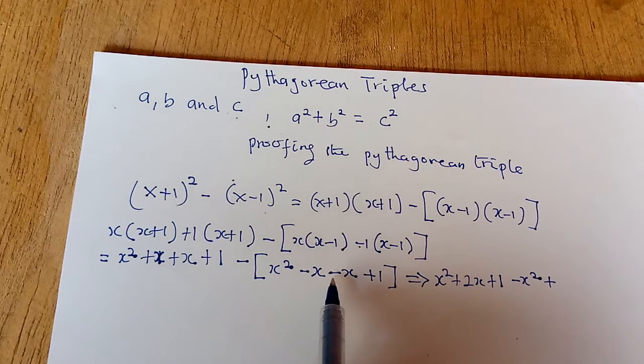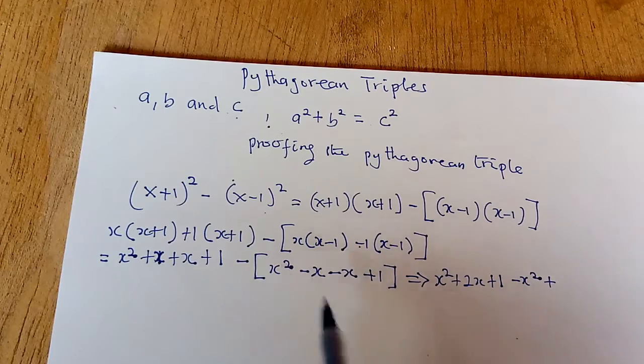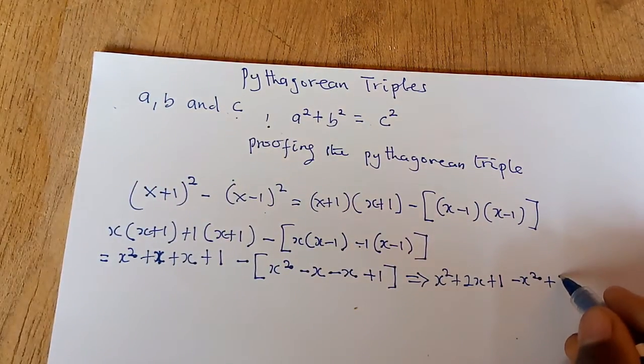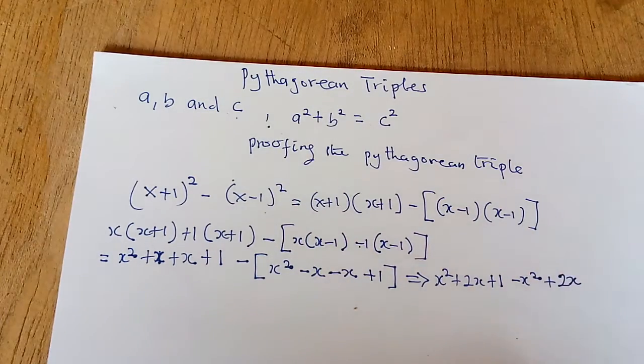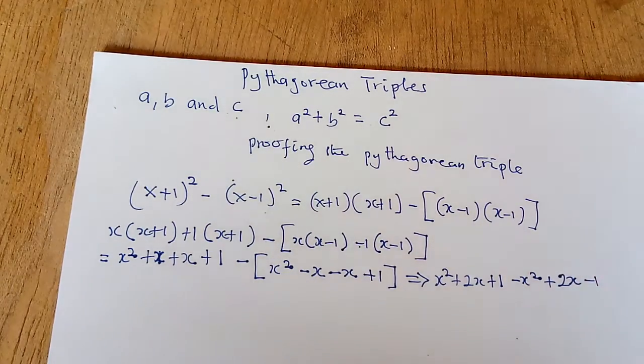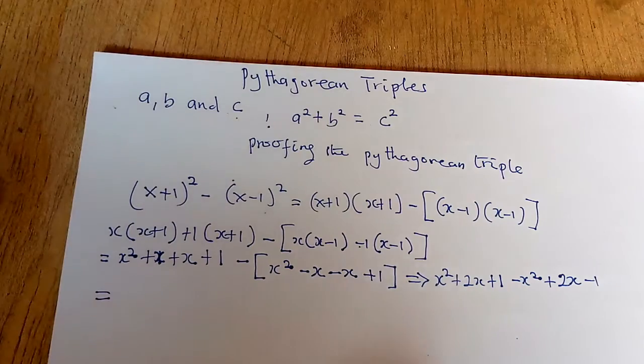So negative 2x here multiplied by negative 1 gives us plus 2x, like this. And then negative multiplied by 1 gives us minus 1, like this.